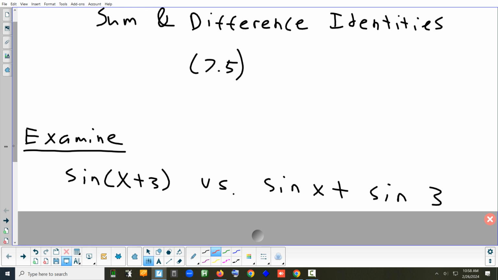Well, what's happening in the one on the left? You're taking the sine of x plus 3. X plus 3 has a separate value. Can you explain to me what the plus 3 does? If x was 5, instead of just doing sine of x and sine of 3, you're doing sine of 8.